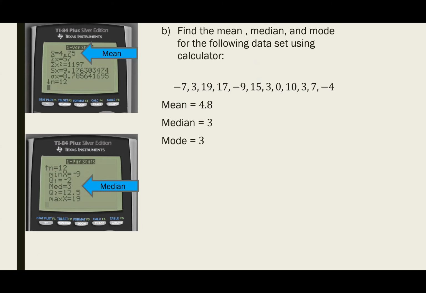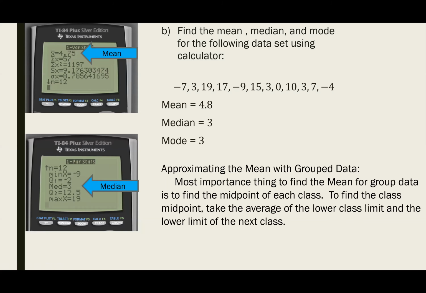If you remember, when we started this class, we started with the frequency distribution table. And sometimes, when you look at your class, you don't know your individual data. And if you don't know your individual data, how can we find a mean?